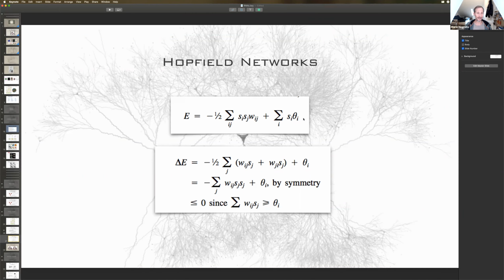Let's imagine it's 0 to simplify our discussion. Now we define an energy function as the energy of every pair of neurons, ij, so the sum of the activity of every pair of neurons, ij, times their weight. There is no theta.